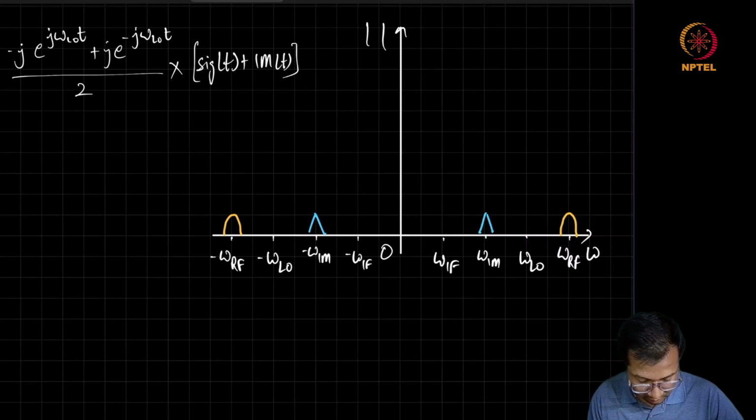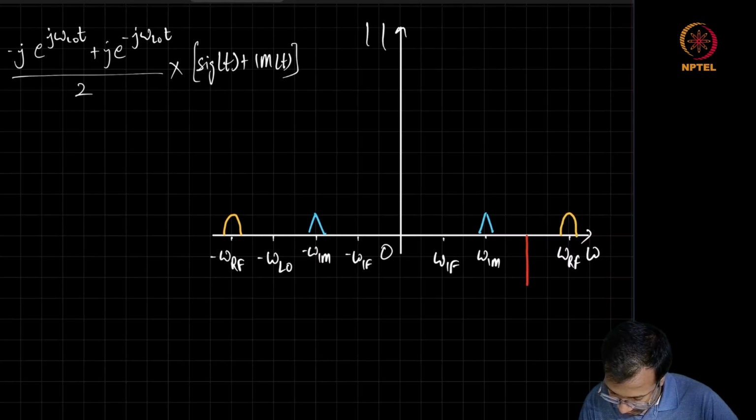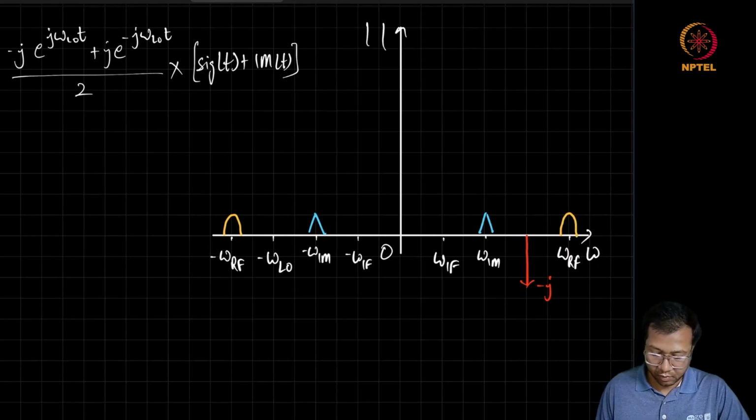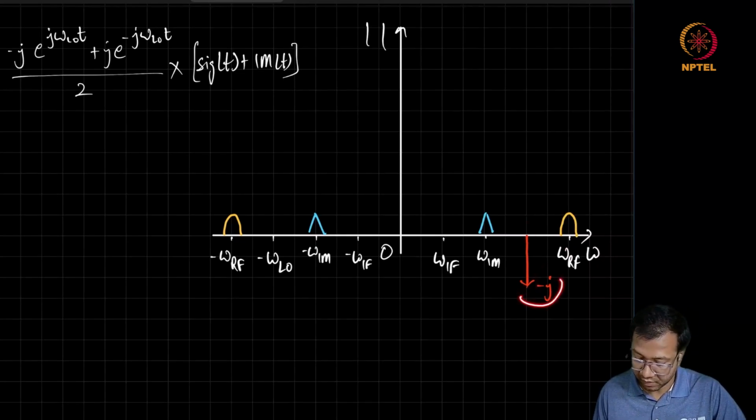So just to simplify the diagram here, I will draw the LO again along the same y-axis, but I will just multiply it with this minus j to show that this signal actually is purely imaginary, and which is minus 90 degrees shifted compared to the real signal.